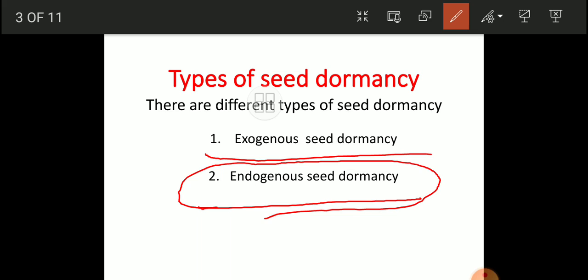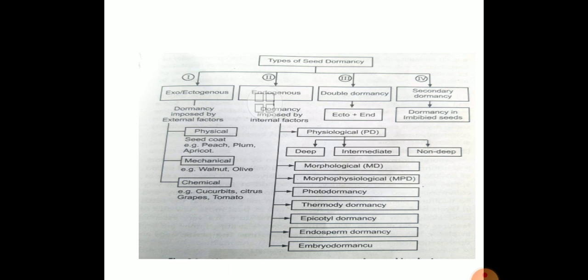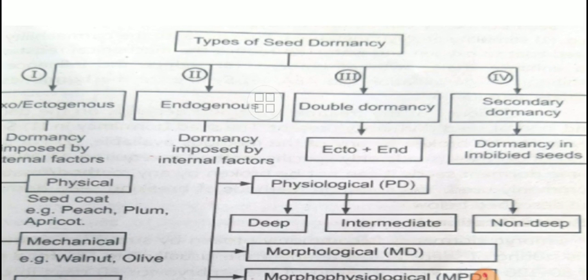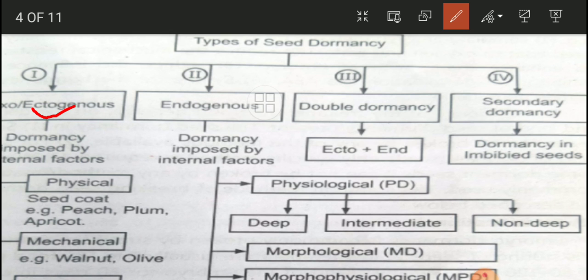Other types depend upon which conditions are responsible for making the seed dormant, isn't it? Now here is a table to get an idea about the types of seed dormancy. I have already told you there are two main types, but here we can see four. First is ectogenous, meaning external.